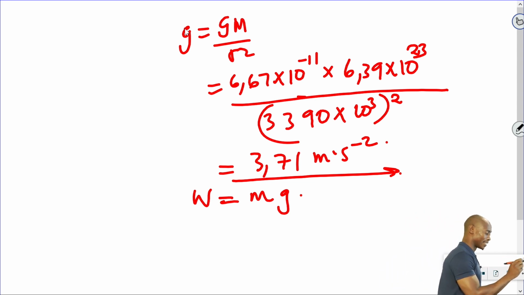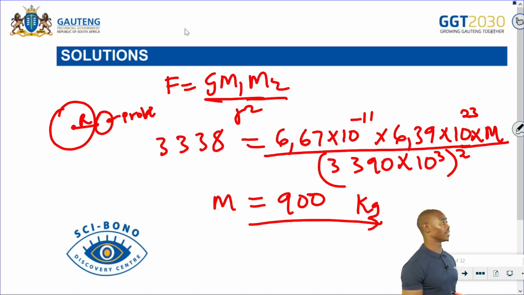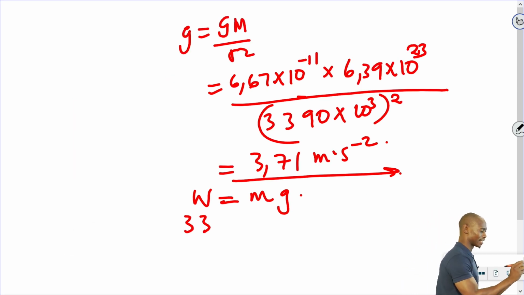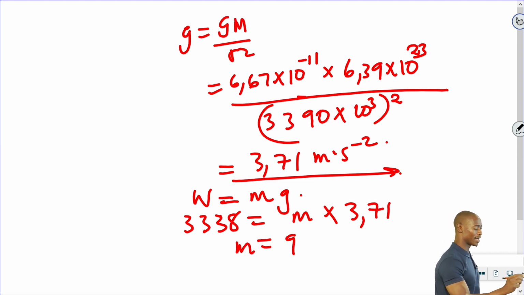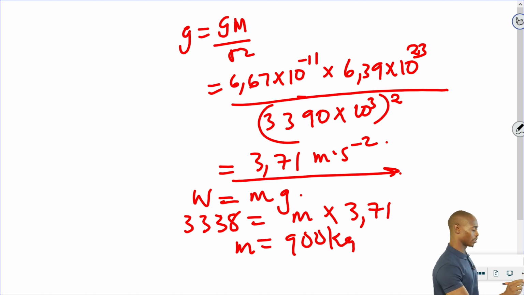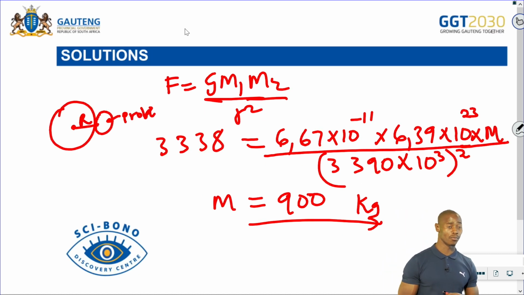The weight given is 3,338, and we're looking for the mass. Divide that by 3.71, and then the mass will be 900 kilograms. So this is another method that we can use to calculate the mass of the probe.